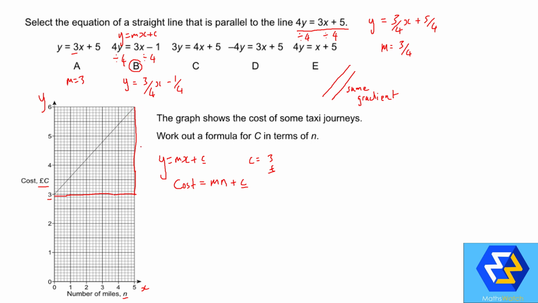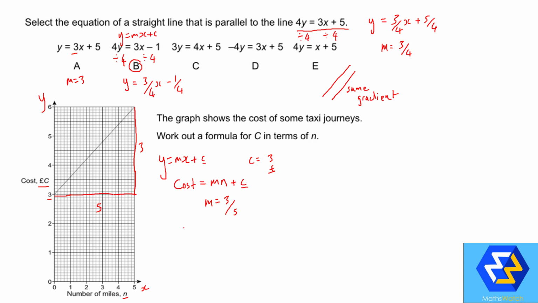So what is this height? It goes from 3 to 6, so that height is 3. Now the number of miles is 5, it goes from 0 to 5. So the gradient m equals 3 over 5. So we can write that down now.